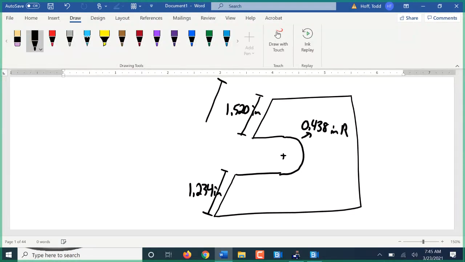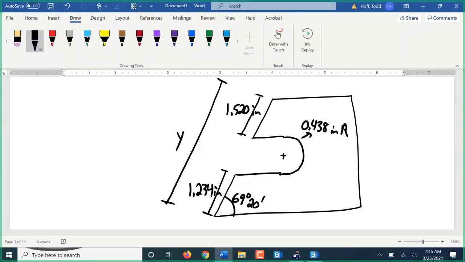We want to find dimension Y down here, and I'm going to tell you that this angle here is 69 degrees and 20 minutes.